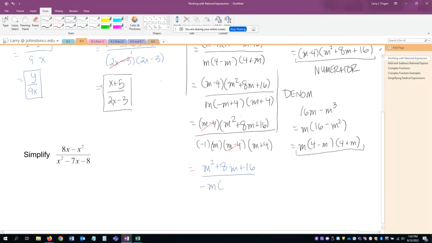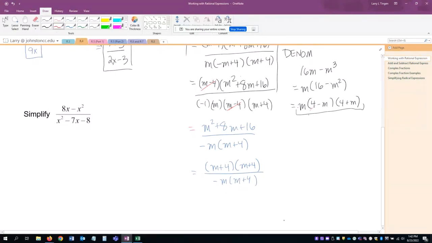And the denominator is negative m times m plus 4. Now, Andrew said that the numerator is factorable. 2 things multiply to 16 and add to 8. Yeah, that's 4 and 4. So the numerator can be rewritten as m plus 4 times m plus 4. The denominator is still negative m times m plus 4.